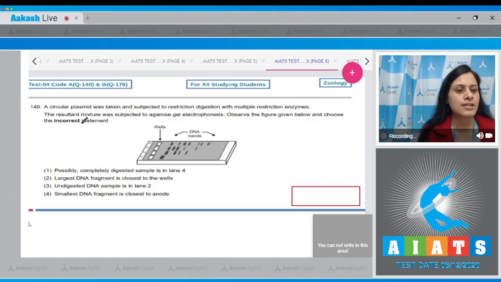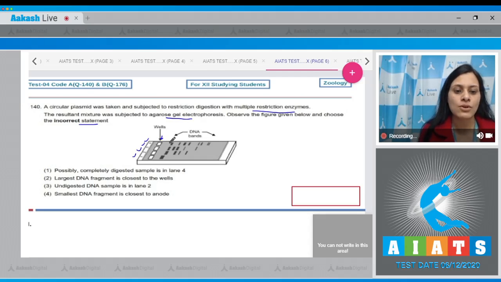Question number 140. A circular plasmid was taken and subjected to a restriction digestion with multiple restriction enzymes. The resultant mixture was subjected to agarose gel electrophoresis. Observe the figure given below and choose the incorrect statement. In the figure, 4 lanes are given, 1, 2, 3 and 4.